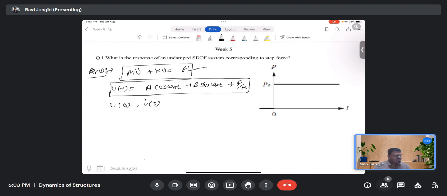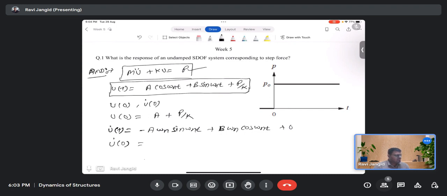First, for u0, that becomes A plus p by k. And if I take u dot t, then it becomes minus A omega n sine omega n t plus B omega n cos omega n t plus 0. If I put u dot 0, that first term becomes 0, so only the term B omega n remains.